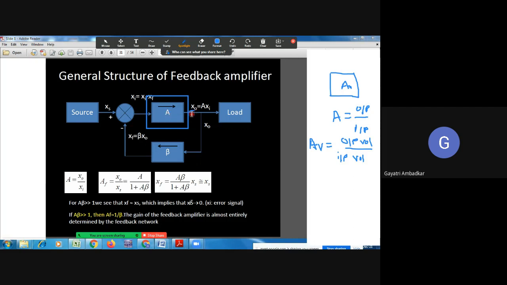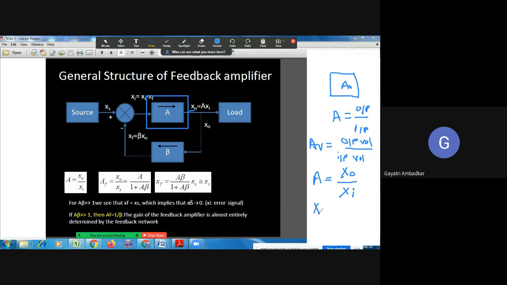It will provide the output signal. What is the relation between input and output? Suppose A is the gain. I will call output signal as XO. So ratio of XO upon XI is the gain of the amplifier. XI is the signal received by the amplifier. So it will provide you gain equal to XO by XI.